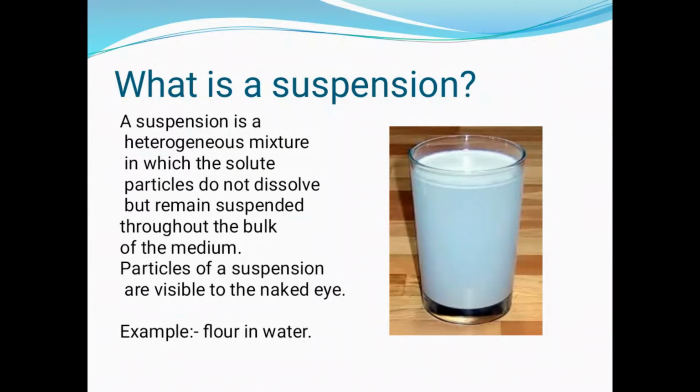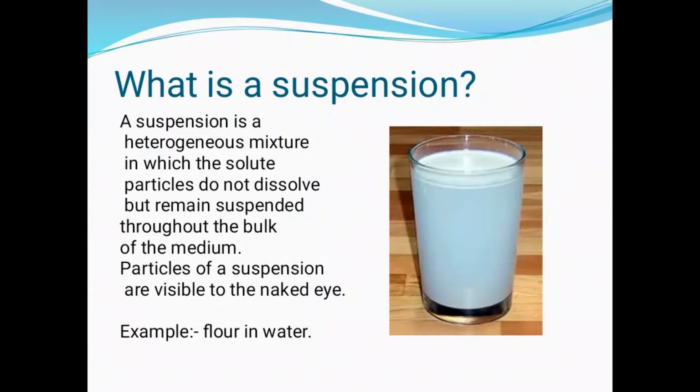A suspension is when we add two or more components and get a heterogeneous mixture in which the solute particles do not dissolve. In a solution, when we dissolve salt or sugar in water, it gets dissolved and we get a homogeneous mixture.